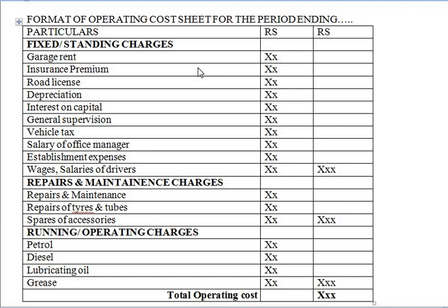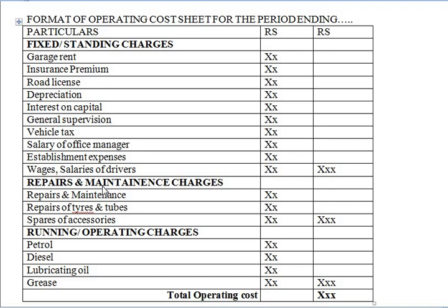As this relates to transportation, the fixed expenses are garage rent, insurance premium, road license, then depreciation, interest on capital, general supervision, vehicle tax, salary of office manager, establishment expenses, wages and salaries of driver. So these are fixed costs.